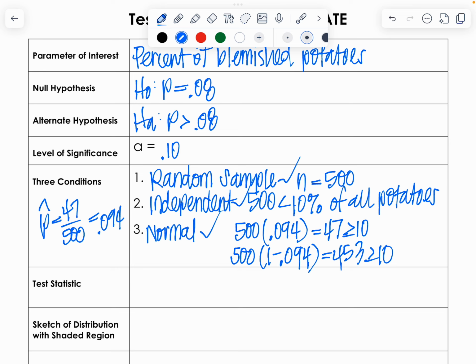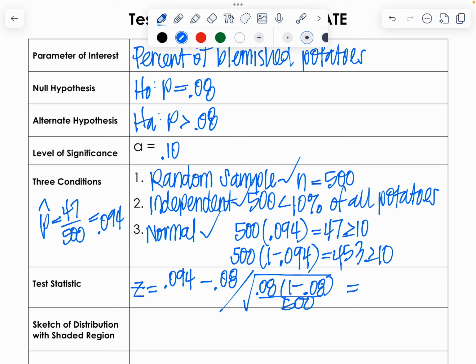Now our test statistic, remember, is a z-score. Z equals that p hat value 0.094 minus the assumed value 0.08 over the square root of 0.08 times 1 minus 0.08 over n.